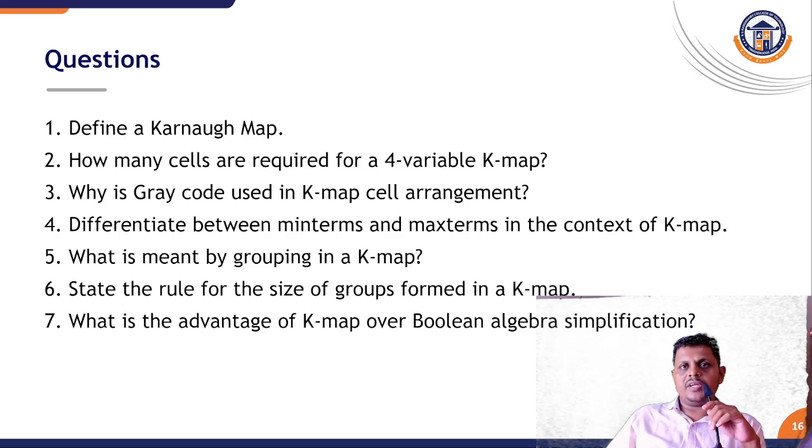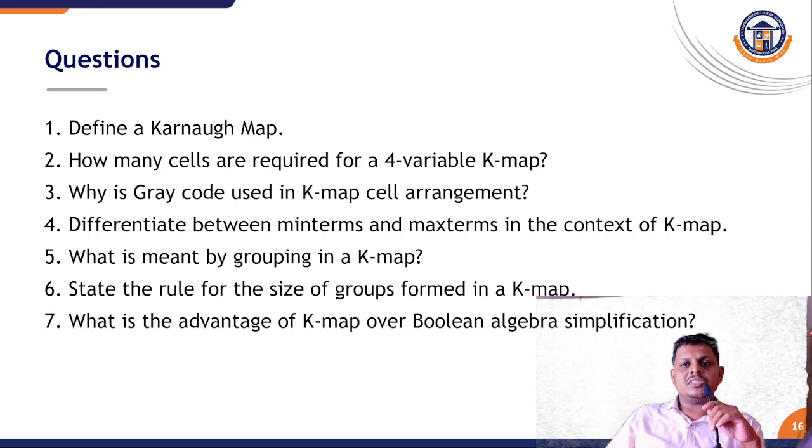Define a Karnaugh map. How many cells are required for a 4 variable K-map? Why is gray code used in the K-map cell arrangement? Differentiate between min terms and max terms in the context of K-map. What is meant by grouping in K-map? State the rule for the size of groupings formed in K-map.